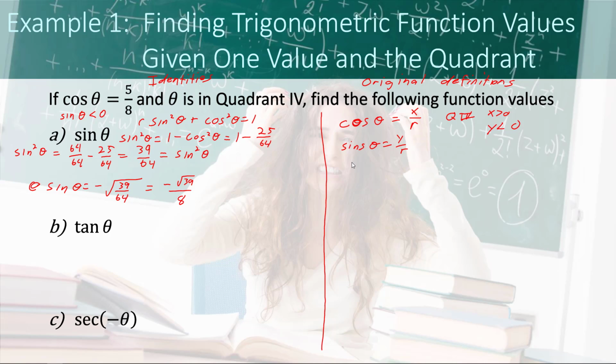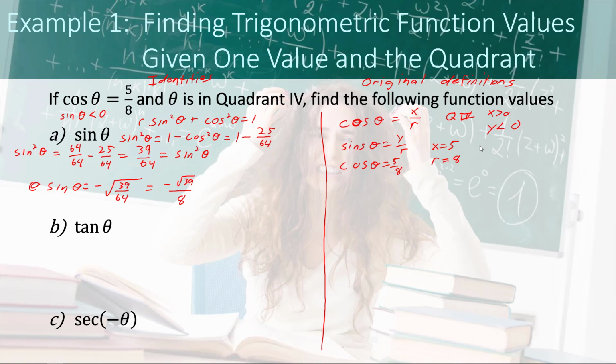Okay, well, since cosine of theta is equal to x over r, or is equal to 5/8, then one value for x is 5, and one value for r is 8. So all we need to do is figure out what y is.